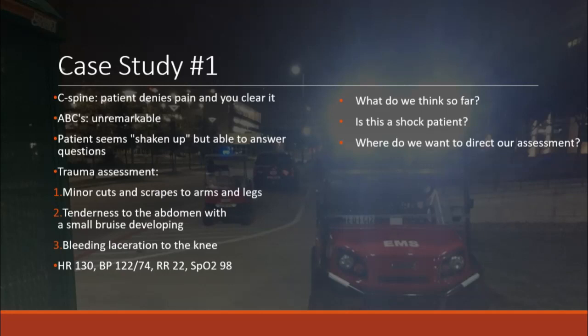The BP doesn't seem to be too concerning, and the patient is not necessarily disoriented, but a little nervous and agitated. So where do we want to direct our assessment? We'll probably finish out with medical history, reassessing vital signs and mental status, and we'll see what we get from there.